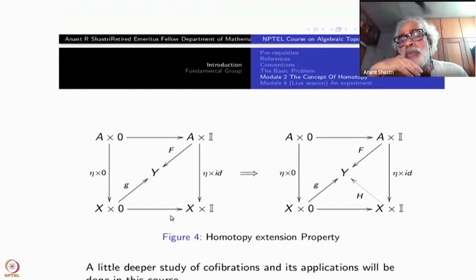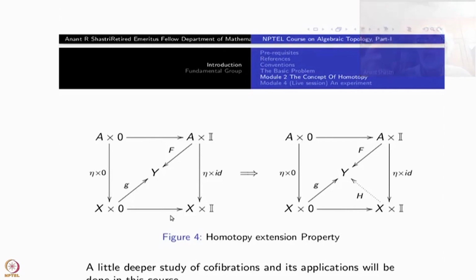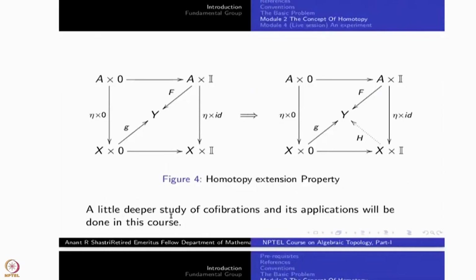Whatever interesting spaces come, they will have this property. That is why both these properties, fibrations as well as cofibrations, are part and parcel of algebraic topology. In the beginning, you should grasp what is happening.